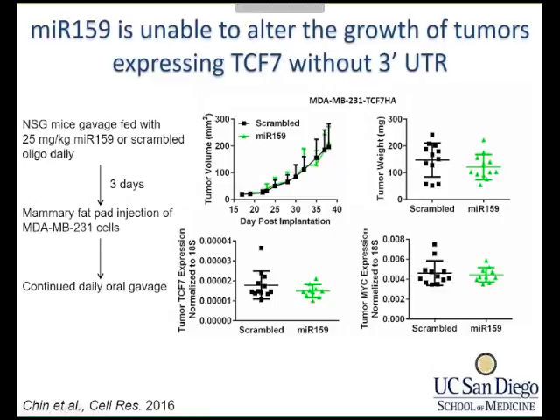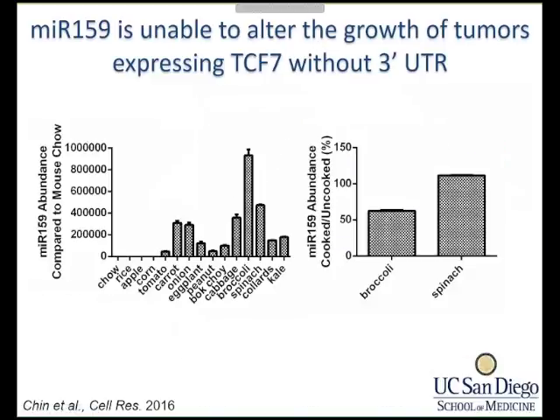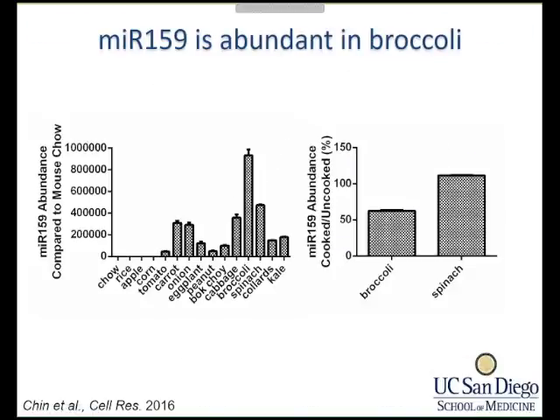And in vivo, again, when we tried to understand where the miR-159 came from, we first tried the levels of miR-159 in different types of vegetables commonly consumed in the Western countries. So we used the mouse chow as a control, which we hope had very little levels of plant-based microRNA.